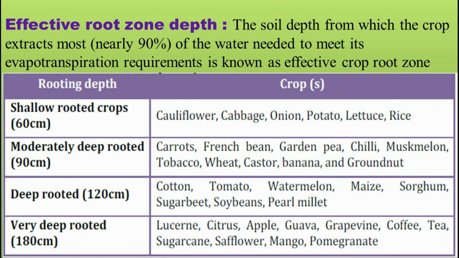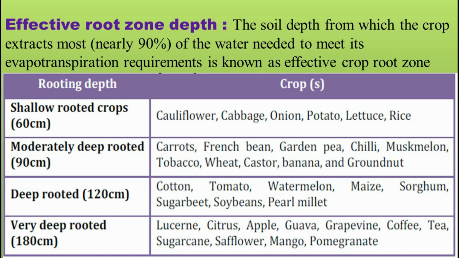Effective root zone depth: the soil depth from which the crop extracts mostly. Nearly 90% of the water needed to meet its evapotranspiration requirements is known as the effective crop root zone. Here the tabular form is given. Shallow rooted crops are those with roots grown up to 60 centimeters: cauliflower, cabbage, onion, potato, lettuce and rice.